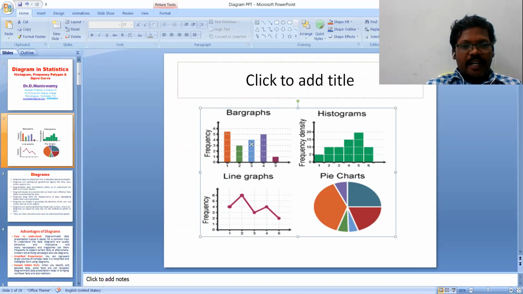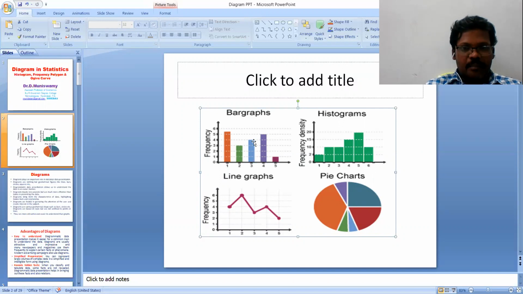In the bar diagram, the data is represented in a rectangular shape. Histograms are also in rectangular shape, but the line diagram is in line shape. We also discussed the difference between bar diagram and histogram.